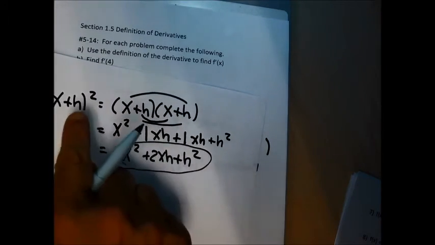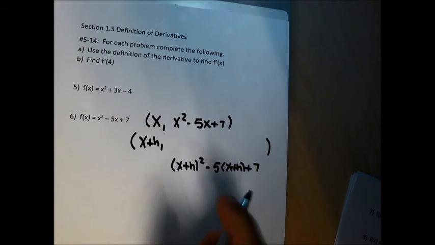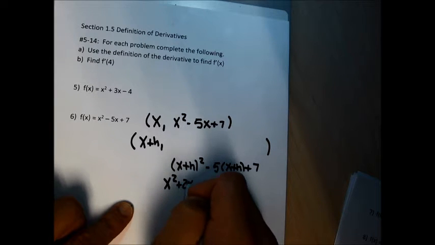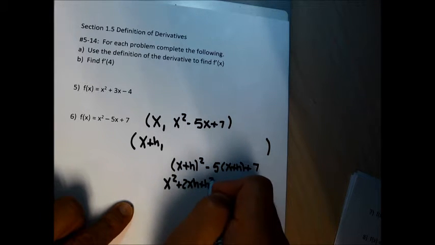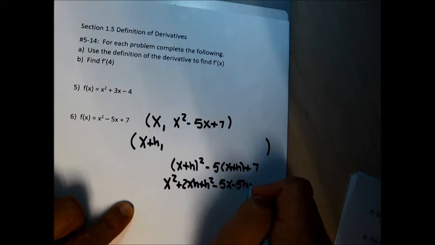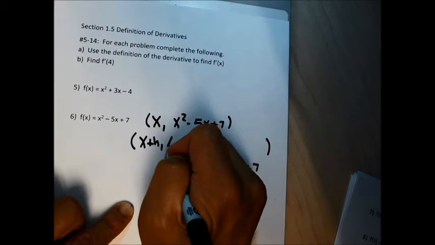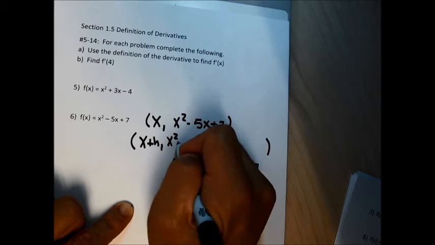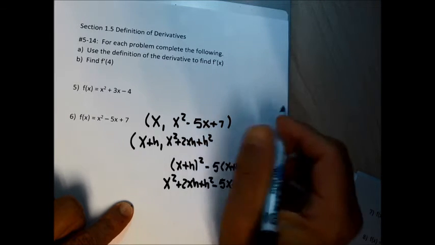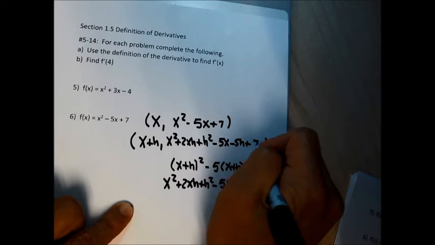I'm going to expand that x plus h squared as x squared plus 2xh plus h squared. So this is going to be x squared plus 2xh plus h squared minus 5x minus 5h plus 7. That's going to be the y coordinate of the second point.